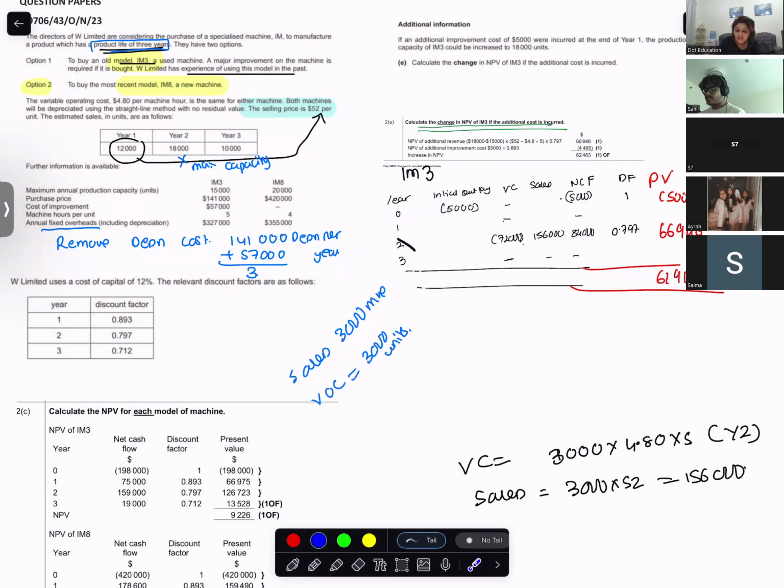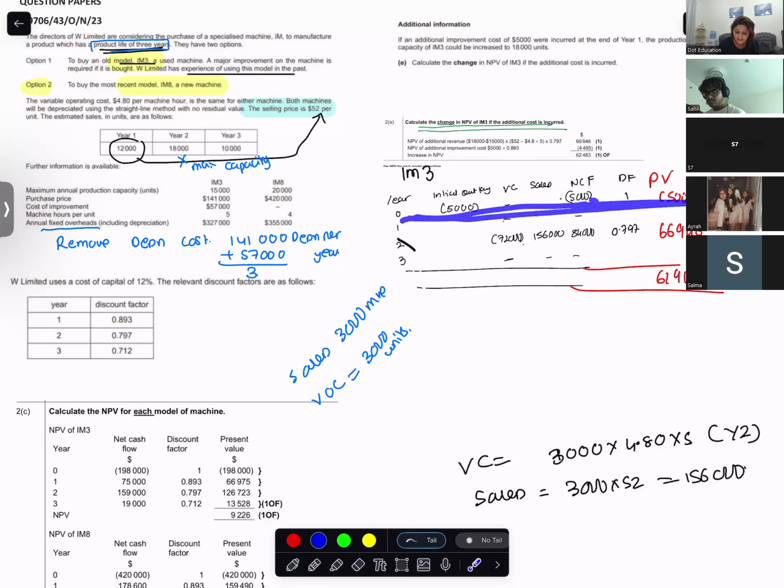So they want the change in NPV. Because they want the change in NPV, I will only take the changed cost and changed revenue. My changed cost for year 0 would be the initial outlay. Variable cost is not changing. There is no sale. So the net cash flow would be 5,000. Discount factor 1. Present value would remain the same.